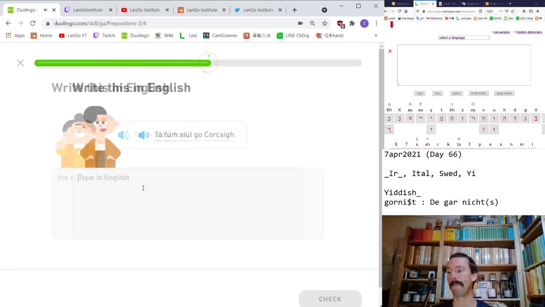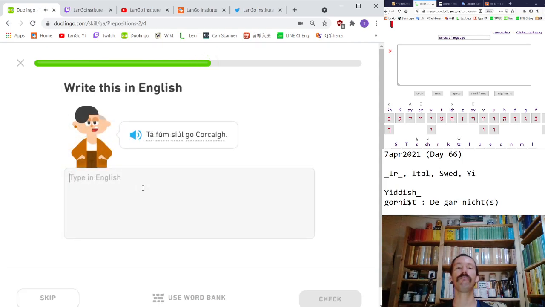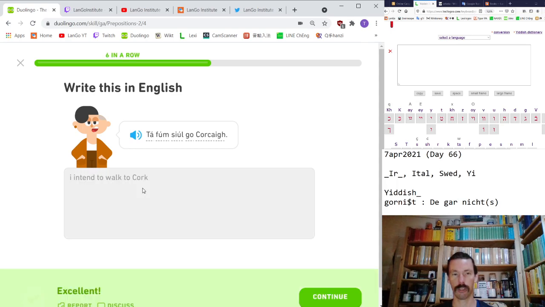Fúm. Tá fúm siúl go Corcaigh. Same word, different type of construction. It is, meaning I intend to, it is under me. I intend to walk to Cork. Oh, nice that it's go, meaning go in the direction of, to. Go Corcaigh. And, okay.